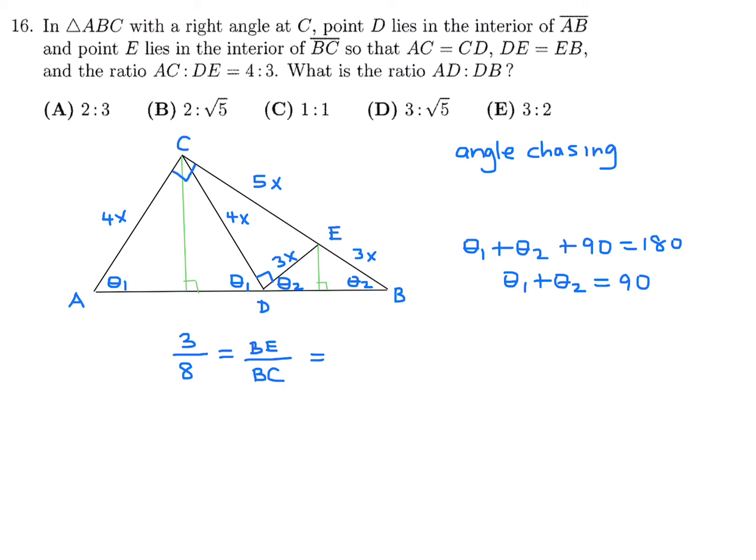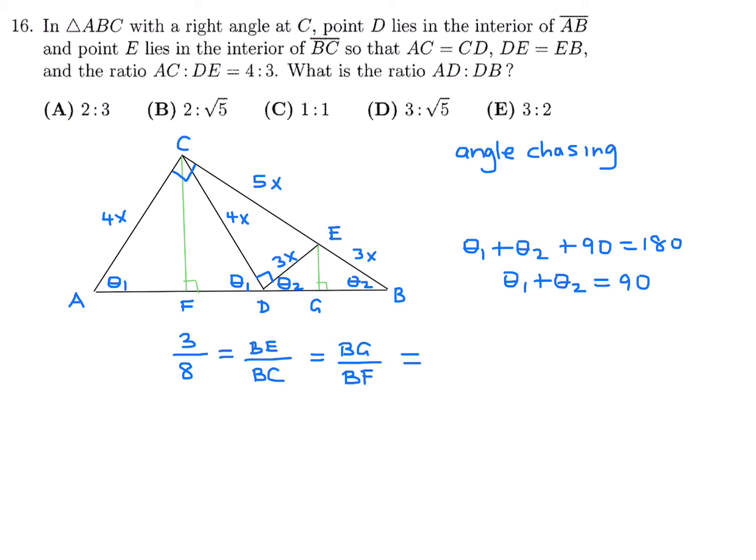That is the same as the bases, if you look at it from a similar triangle's perspective. So it'll be the same as from there to there over from there to there. I'll just label this: we'll call this G and we'll call this F. So it's the same as BG over BF.